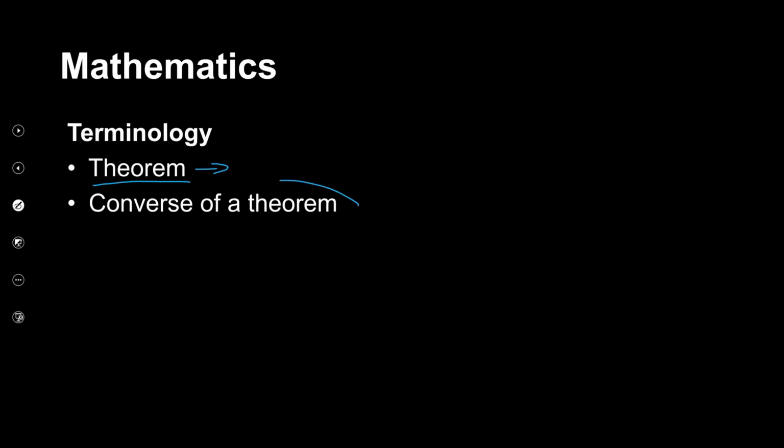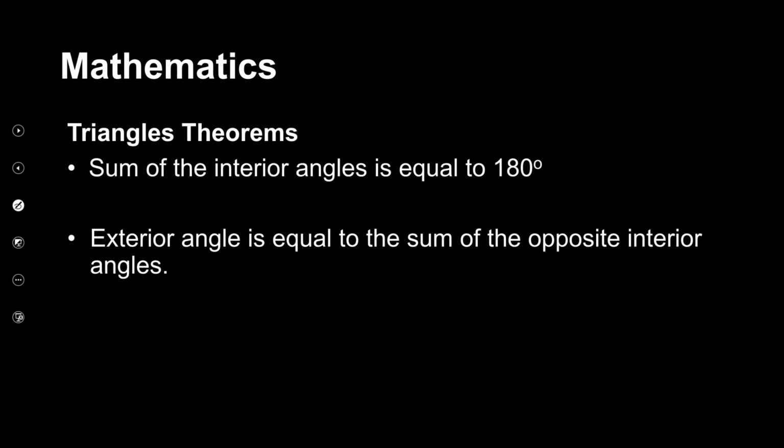And if I want to talk about the converse of a theorem, I would say if a line bisects a longer line at point B, it will cut the line such that AB is equal to BC. So now we're starting with the bisection. But let's actually look at this in a more realistic way, right?